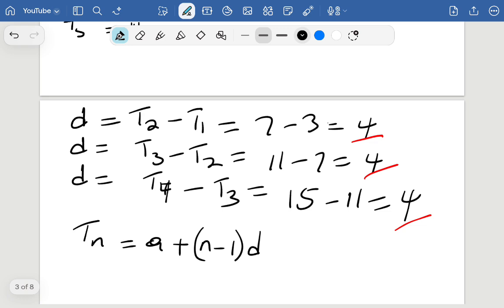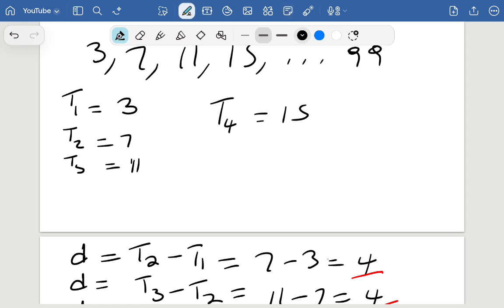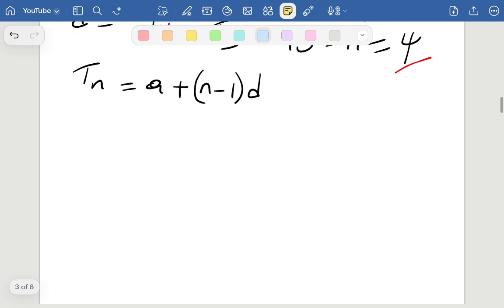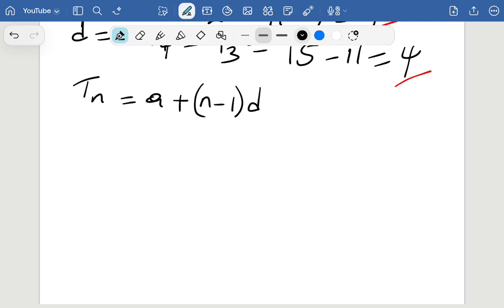Now, if you want to prove that indeed T1 is 3, T2 is 7, T3 is 11, T4 is 15, you can do so by plugging in the values.